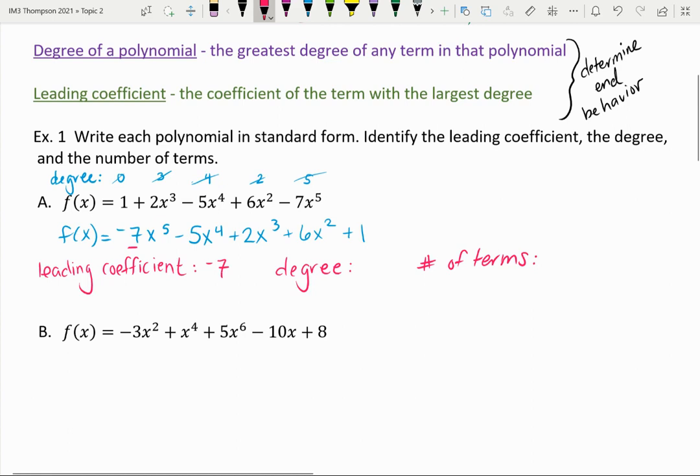The degree of the entire polynomial is determined by the term with the highest degree. So that's just going to be a degree 5. And then number of terms, we just count them. Each one of these is a term. So 1, 2, 3, 4, 5 terms.